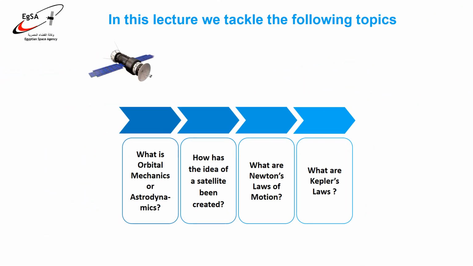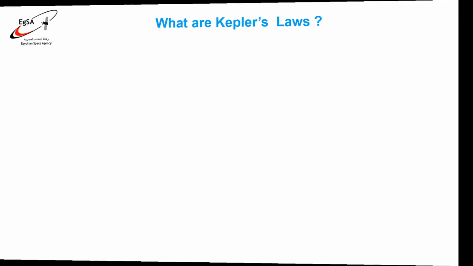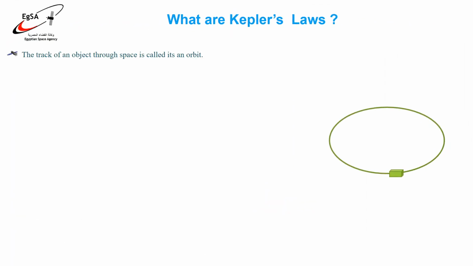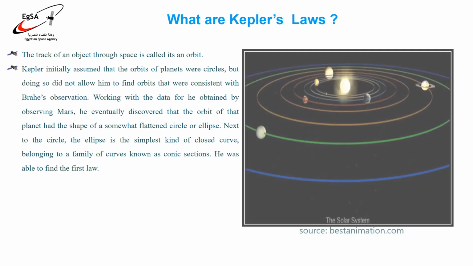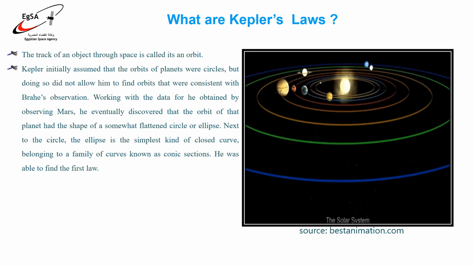Now we move to: what are Kepler's laws? The track of an object through space is called an orbit. Kepler initially assumed that the orbits of planets were circles, but doing so did not allow him to find orbits that were consistent with Brahe's observations.